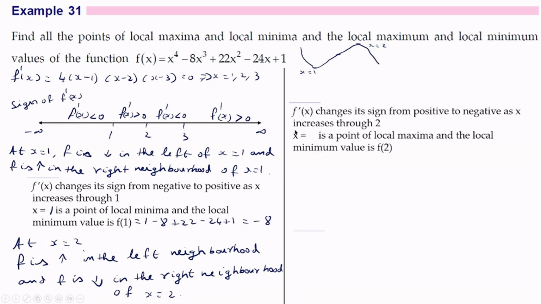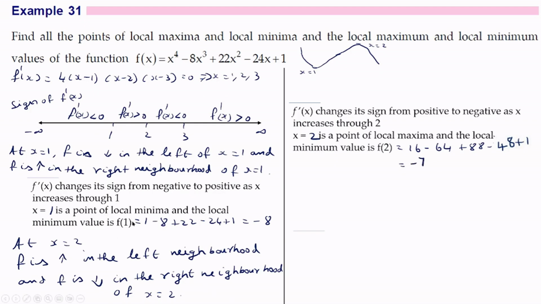So f dash of x changes its sign from positive to negative as it increases through 2. So x is equal to 2 is a point of local maximum, and the local maximum value is f of 2, equal to 2 raised to 4 is 16 minus 64 plus 22 into 4 is 88 minus 24 plus 1. So here f of 2 is equal to minus 7.